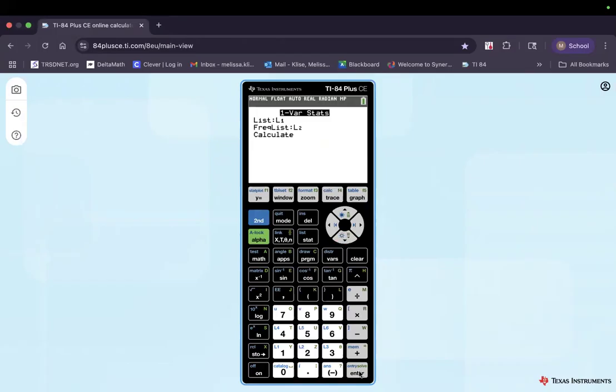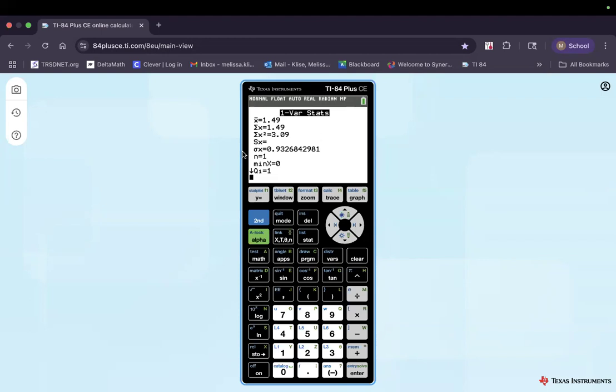So we already have our expected value here, and my standard deviation right here. So my sigma sub x is 0.933 approximately.